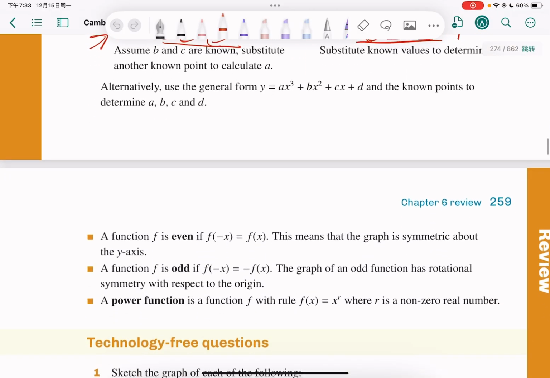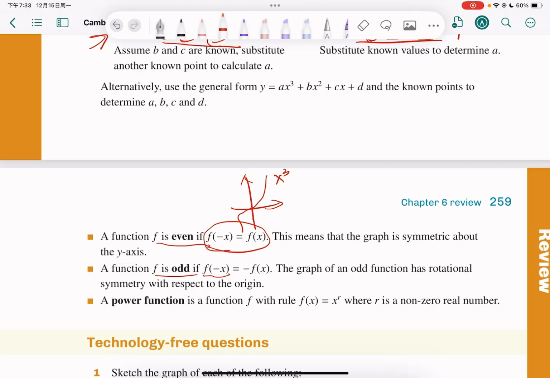So a function f is even if f of negative x is equal to f of x. And if it's odd, then f of negative x is equal to negative f of x. So what about our function x cubed?